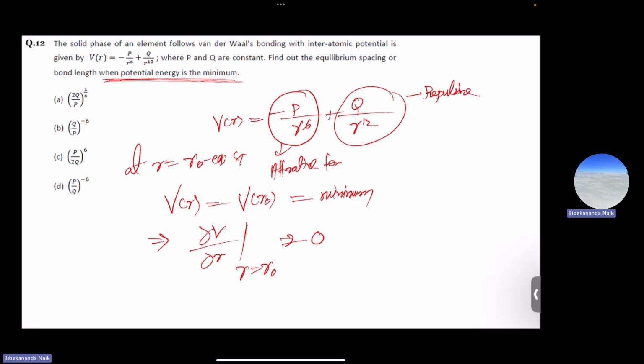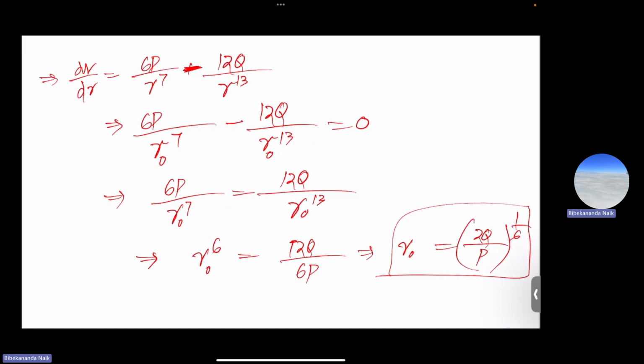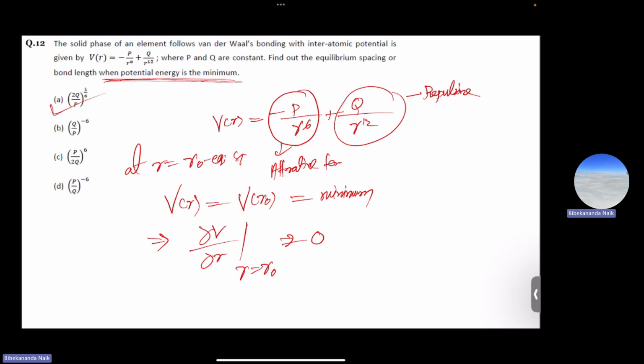According to the question, the bond length or the equilibrium distance will be (2Q by P) to the power 1 by 6. So the correct option is (2Q by P) to the power 1 by 6, that is option A. At that particular distance the potential energy is minimum, and this equilibrium spacing is otherwise called the bond length also.